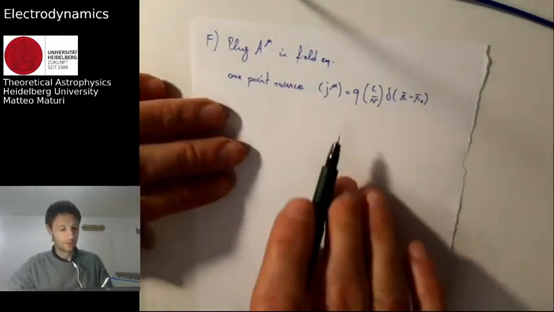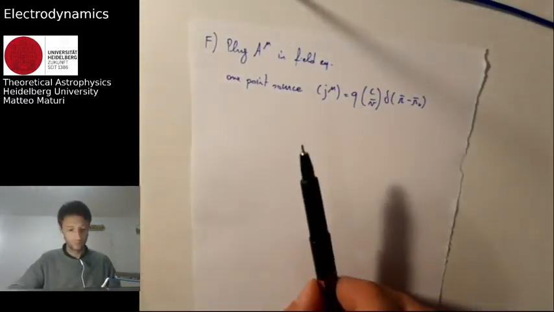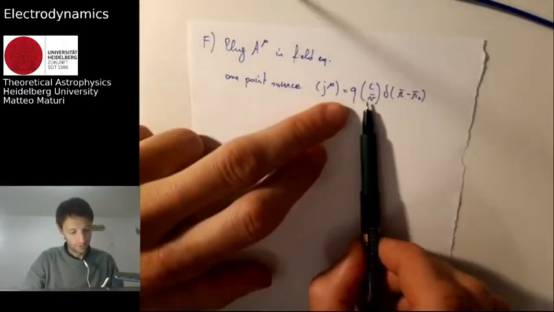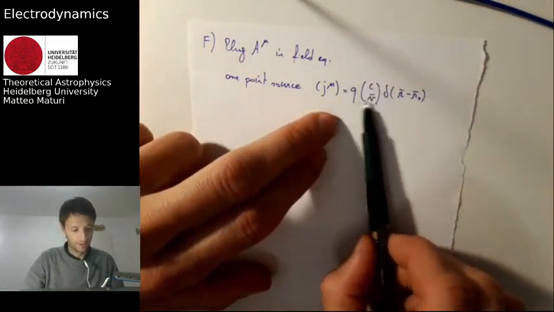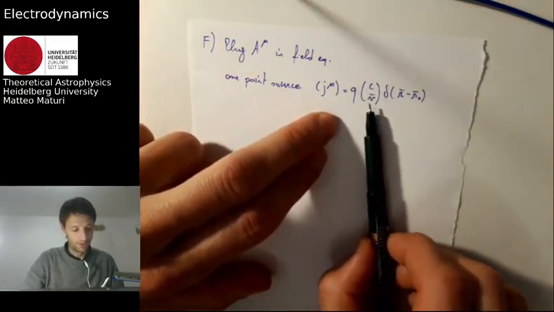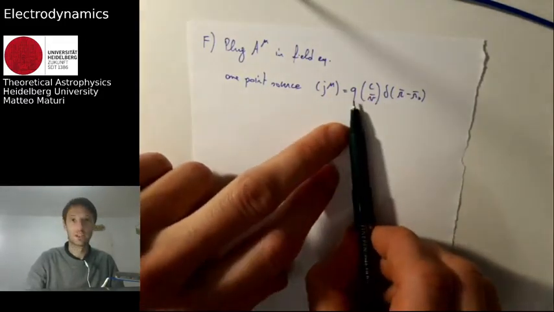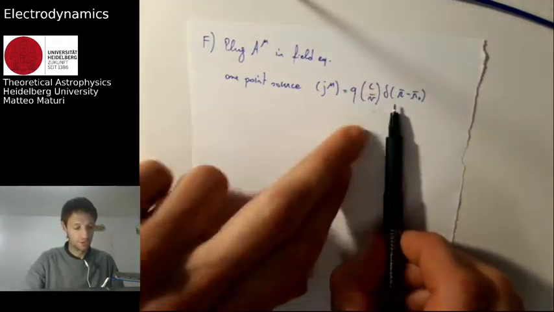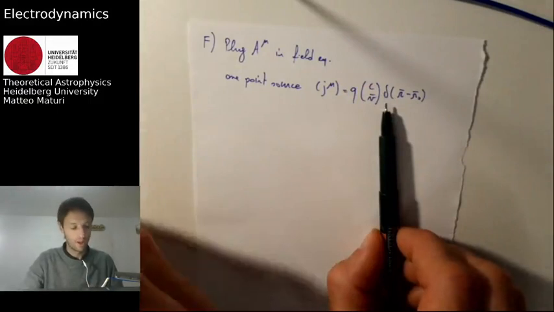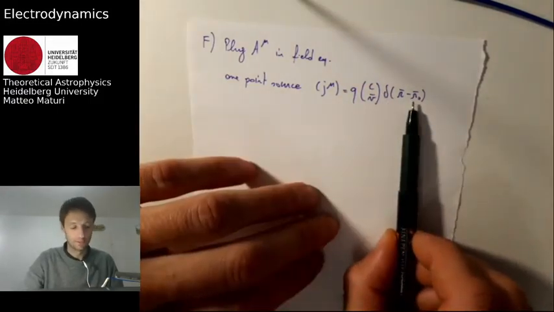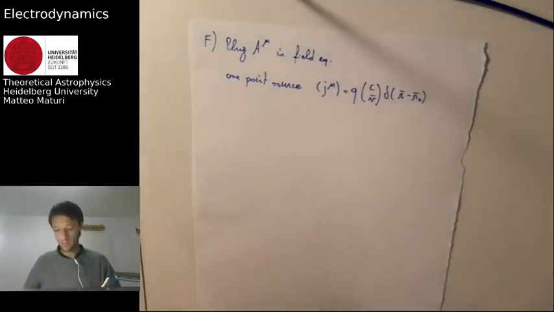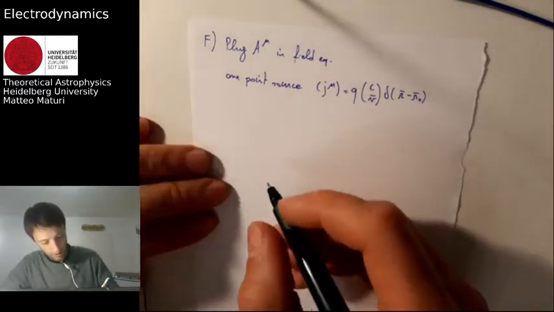Okay, so you see it is a continuous function, but this function contains the four current of one particle. You see there is Q, it is not a density, it is one particle, multiplied by this delta function. So this function is equal to 0 everywhere except where the particle is. Okay? Good.